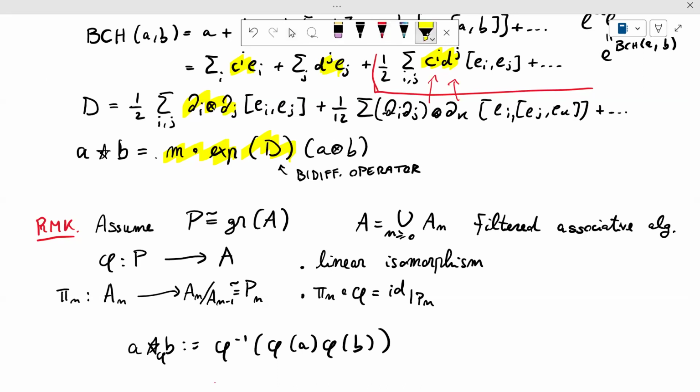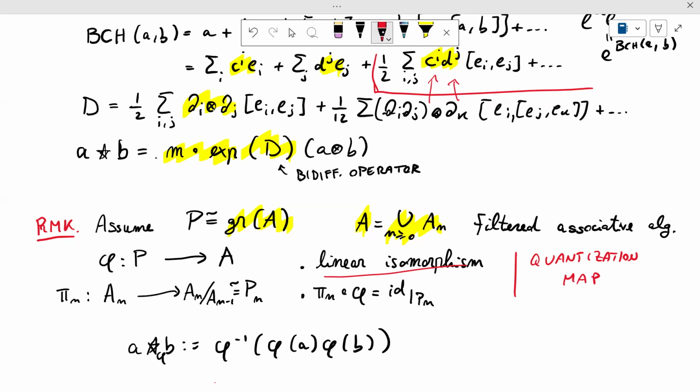So first of all, we need to find an algebra A that's a quantization for our Poisson algebra P, so a filtered algebra such that its associated graded is isomorphic to P. Then we can take what we call a quantization map, which is a map that is an isomorphism at the level of vector spaces. And we also want it to be the inverse of this projection to the quotient.